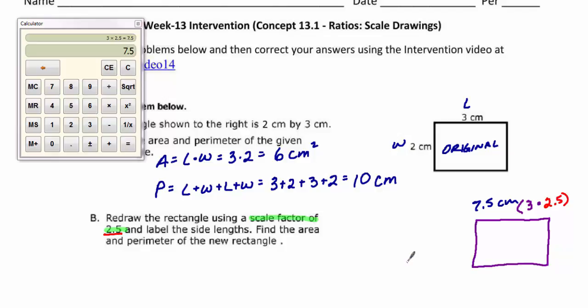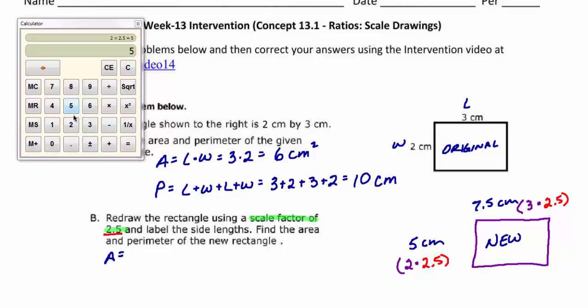Well, I'm going to take my original 2 and multiply it by the scale factor, 2.5. 2 times 2.5. You're probably already saying, I know that's 5. Don't need a calculator for that. All right, you're absolutely correct. 5. So the new figure is 7.5 by 5. That's our new figure.